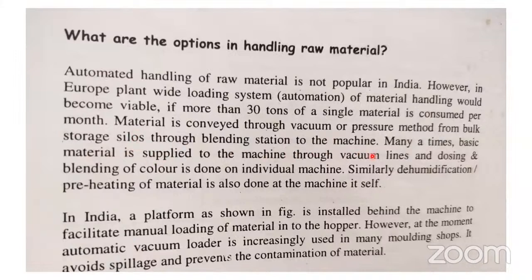All automation is there. Many times, basic materials are supplied to the machine through vacuum lines and dosing lines. Blending of color is done individually at the machine. Similarly, dehumidification and preheating of the material are also done at the machine itself. Nowadays there are new machines which handle the material nicely in an automatic plant.